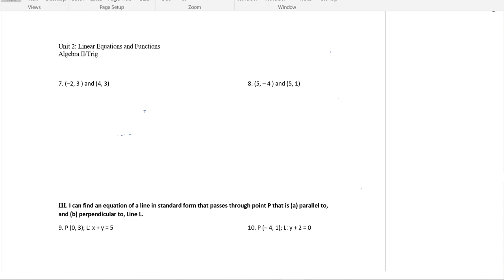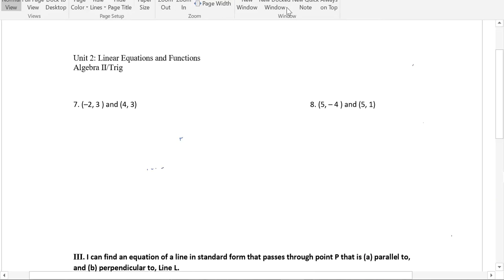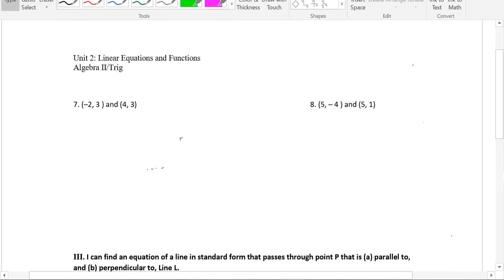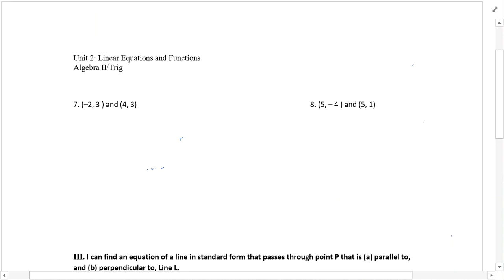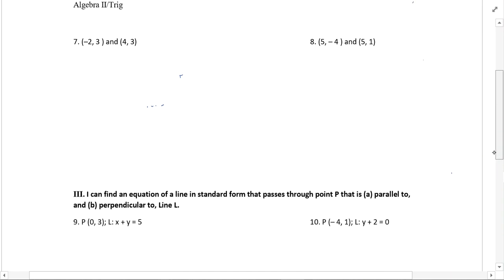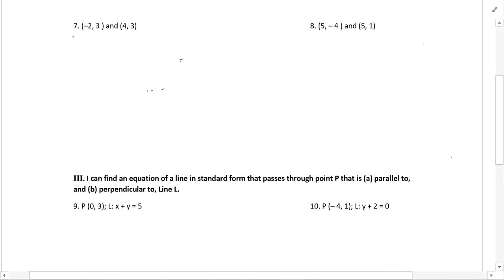All right, so page 2, again, we have to go ahead and start by finding the slope. So we are going to do 3 minus 3 over 4 minus a negative 2. So I'm going to get 0 over 6.